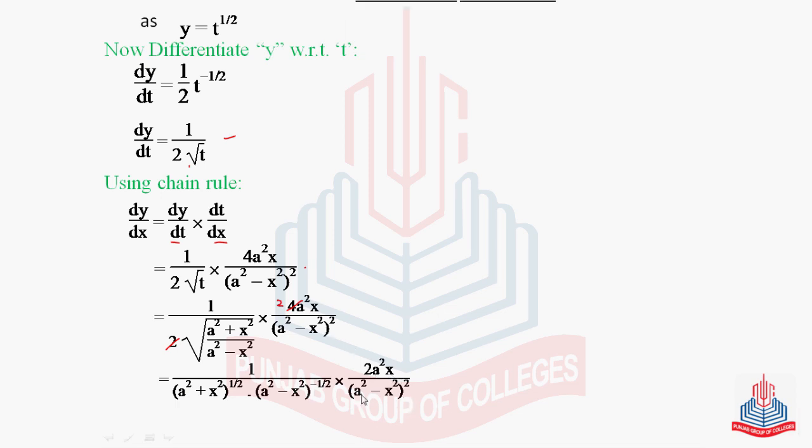We can separate it out: (a² + x²) with power 1/2, and (a² − x²), when we shift it into the numerator, will be of the form minus 1/2. So now this (a² − x²) and this (a² − x²) have the common base, so we can join the powers of these two terms, which are 2 and −1/2. So just simplify this one.